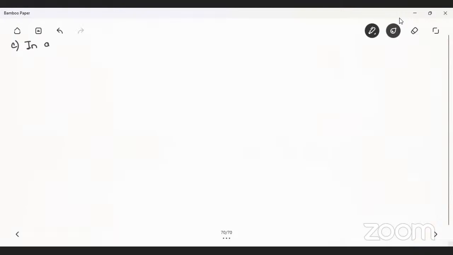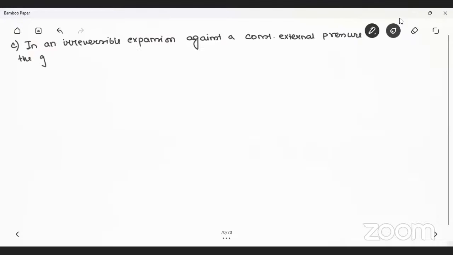In an irreversible expansion, against a constant external pressure, the gas expands rapidly against a fixed pressure.